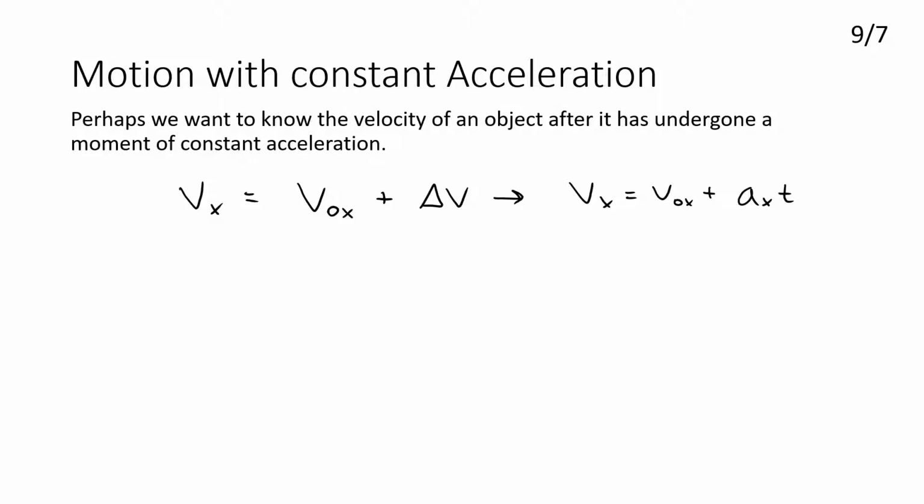And I could say t, or it might be more correct if I say delta t. So let me do that. Okay, so we have this way of determining velocities.